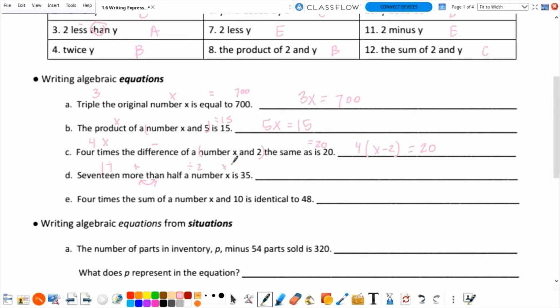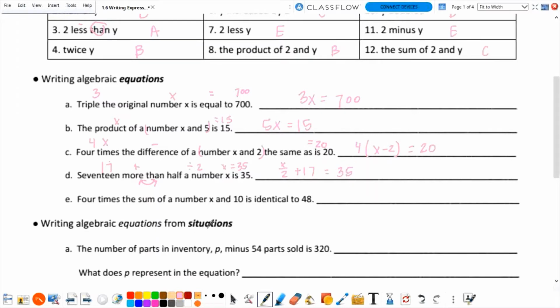We've got our x, and it equals 35. All right, so we can go ahead and write that out. We'll have our variable first. So half a number x, that's going to be x divided by 2, plus 17, right? That than was a switch word. So it goes second, and it equals 35.